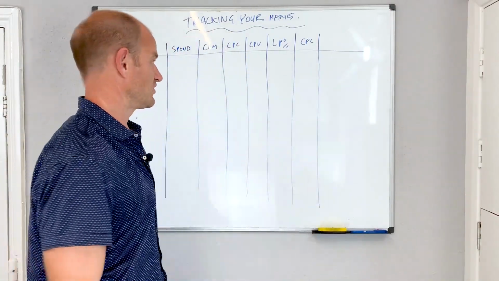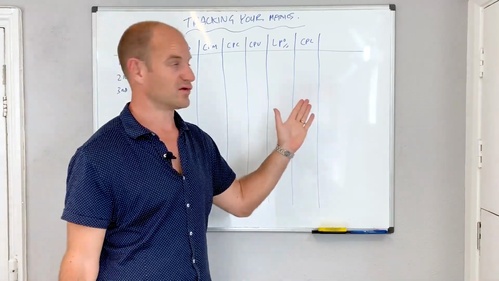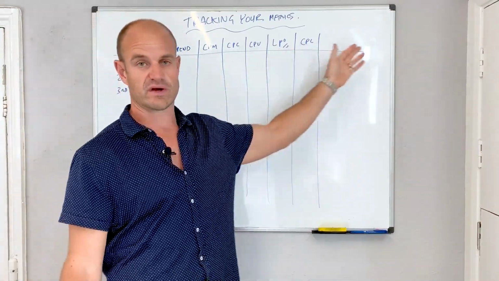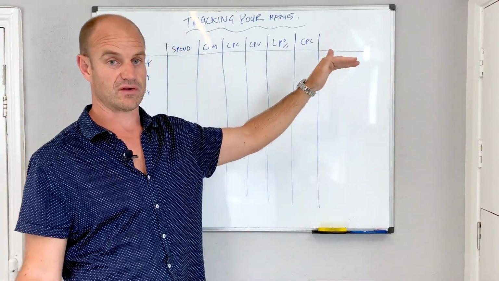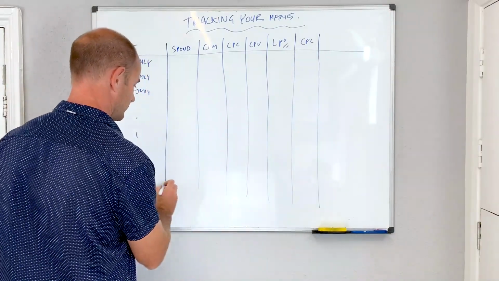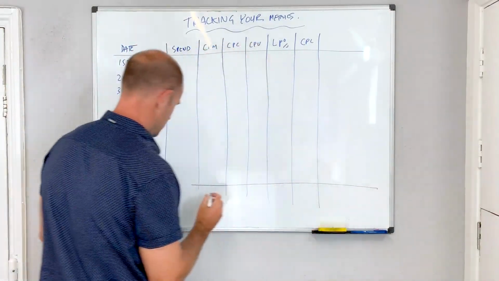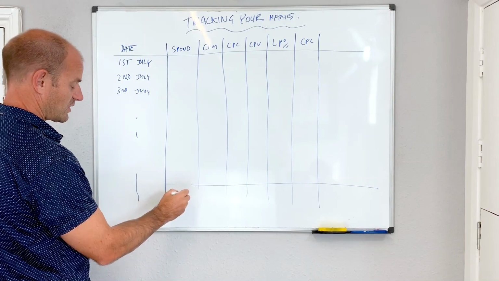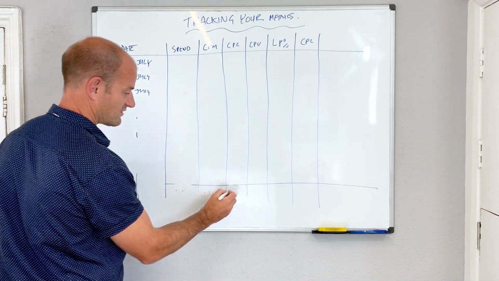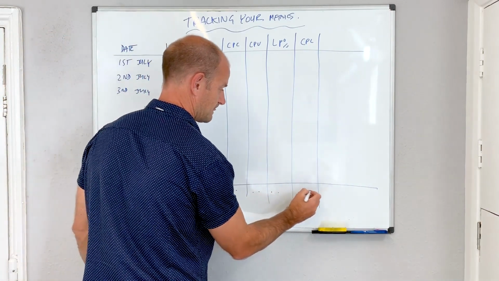All the other stats you want to check need to be done across here, and it could be literally 20 or 30 different columns going along here, okay? At the bottom of the spreadsheet, you sum them all up and you have an average. So you've got your average figures down the bottom here, okay?